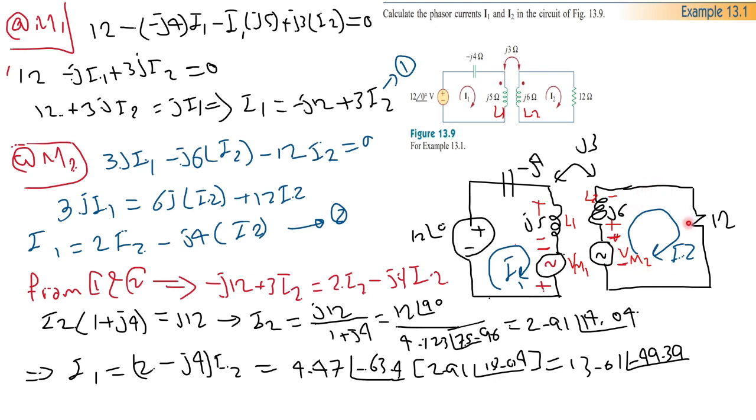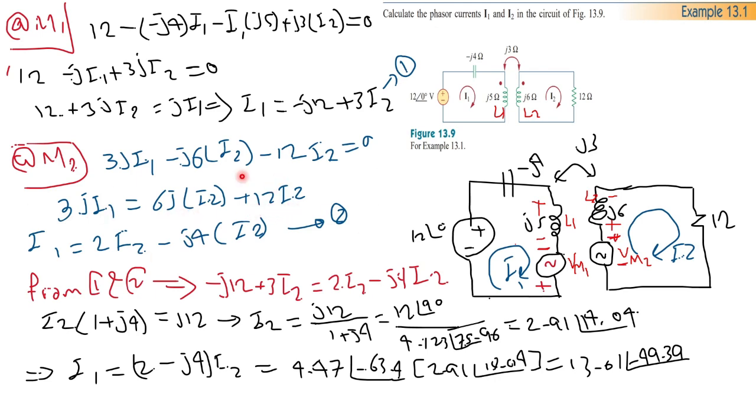If you apply Kirchhoff's law now, I have a voltage rise, Vm2, which is 3j I1, minus the voltage drop around L2, which is minus j6 I2, and the voltage drop around the resistor, minus 12 I2, and this equals 0. This means that 3j I1 equals 6j I2 plus 12 I2.